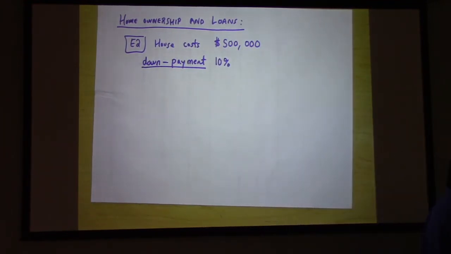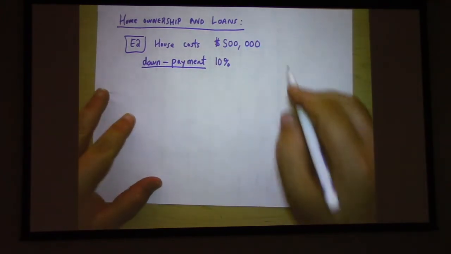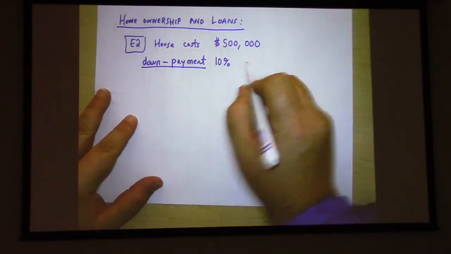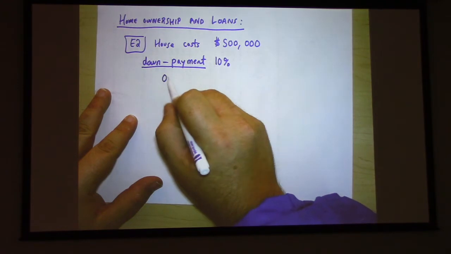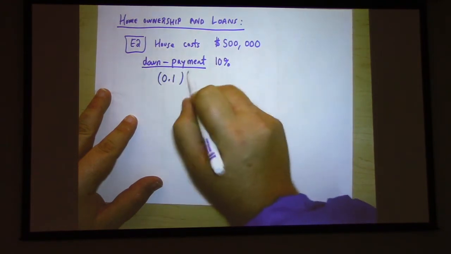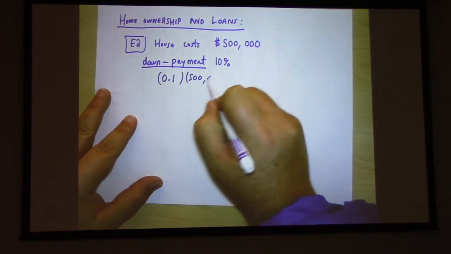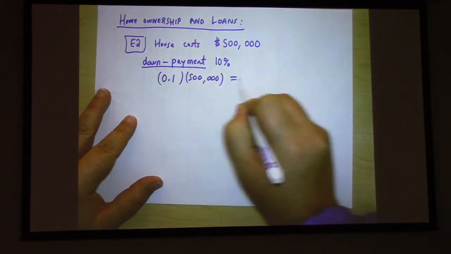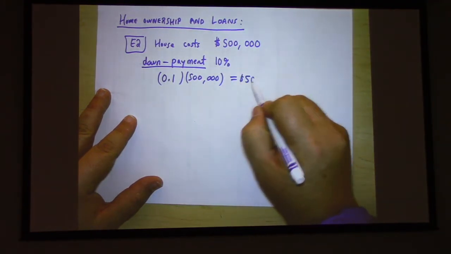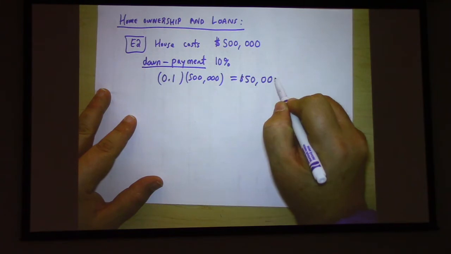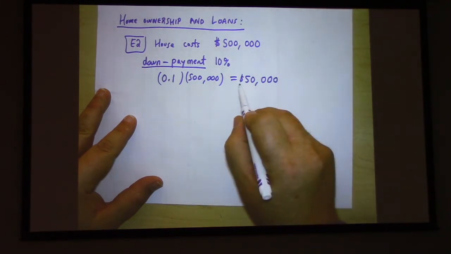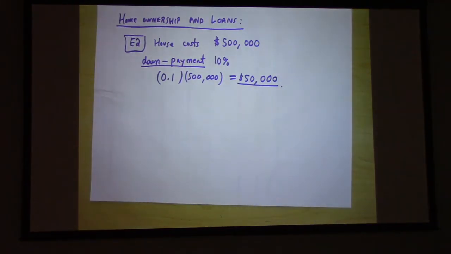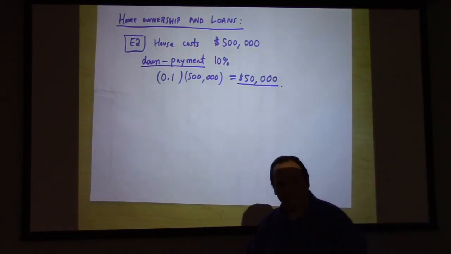So 10% of 500,000 is 0.1 times 500,000, which is $50,000. If you could find a bank that would give you a 10% down loan, you would need at least $50,000 in your bank account to close on that house.